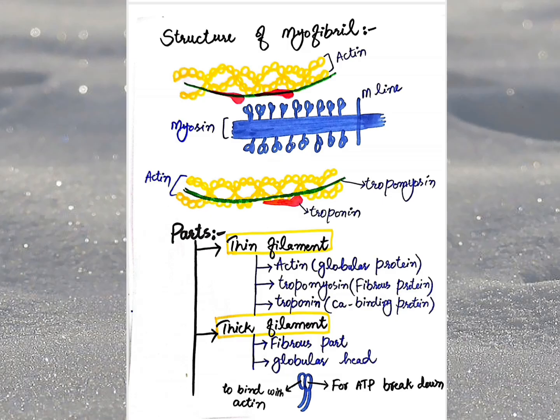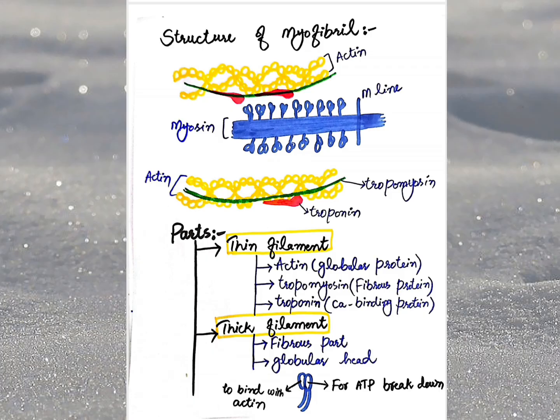Okay, now there is another protein which is known as the troponin. You can see this red region is showing you the troponin protein. This troponin protein will bind to calcium, and calcium is the stimulus for this complete cycle in which the muscle is contracting.